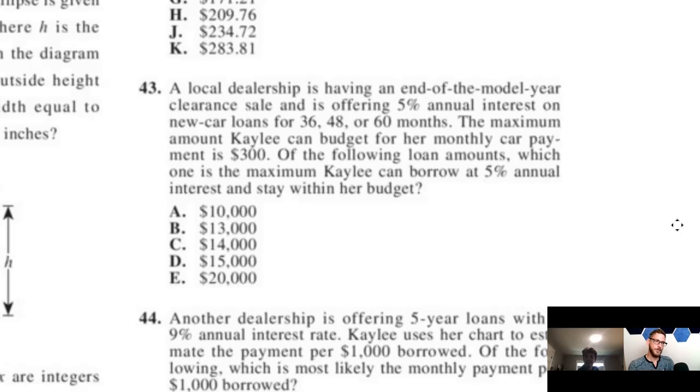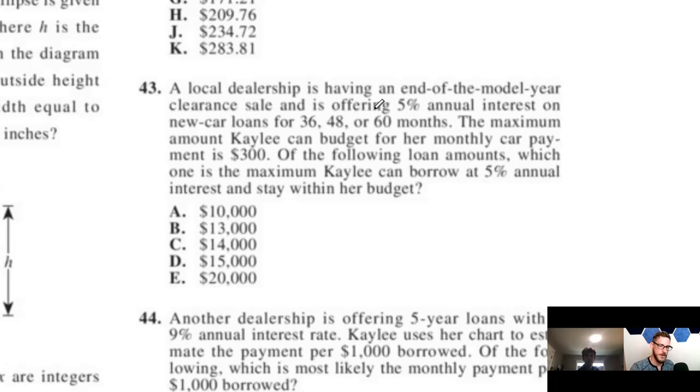I'm not sure. I'm going to start right in the middle with that 36, 48, or 60 months, because I think we need to know which one of those we're going to be working with. If you want to get your monthly payments as low as possible, should you take a shorter loan or a longer loan?